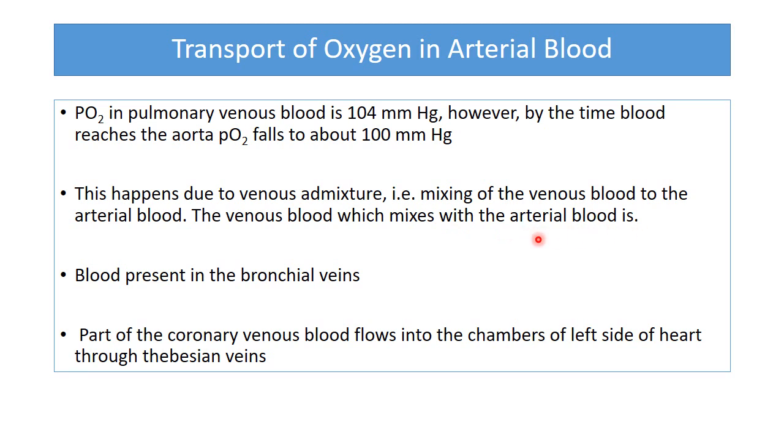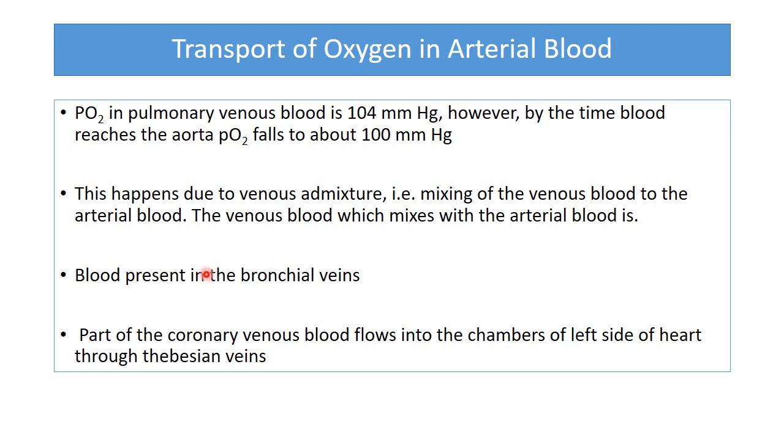So due to this, the partial pressure of oxygen falls, and where does this deoxygenated, shunted, or you can say venous blood come from?